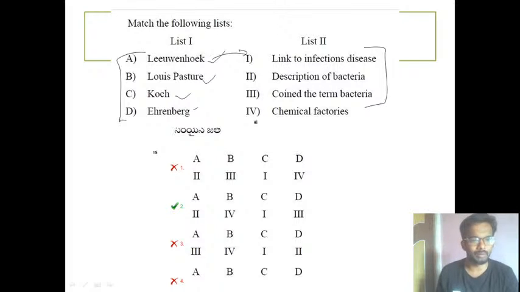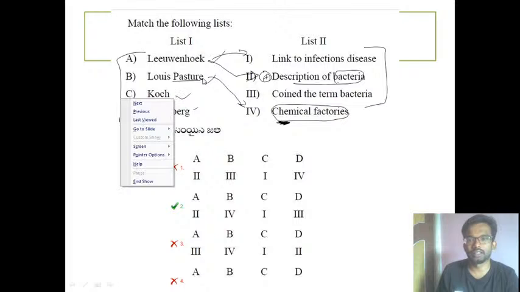So keep yourself updated. Leeuwenhoek, what has he done? He gave a description of bacteria, first option A. And what did Louis Pasteur do? Louis Pasteur gave the chemical factories of a cell, and bacteria which is helpful for chemical factories. And what has Koch done?